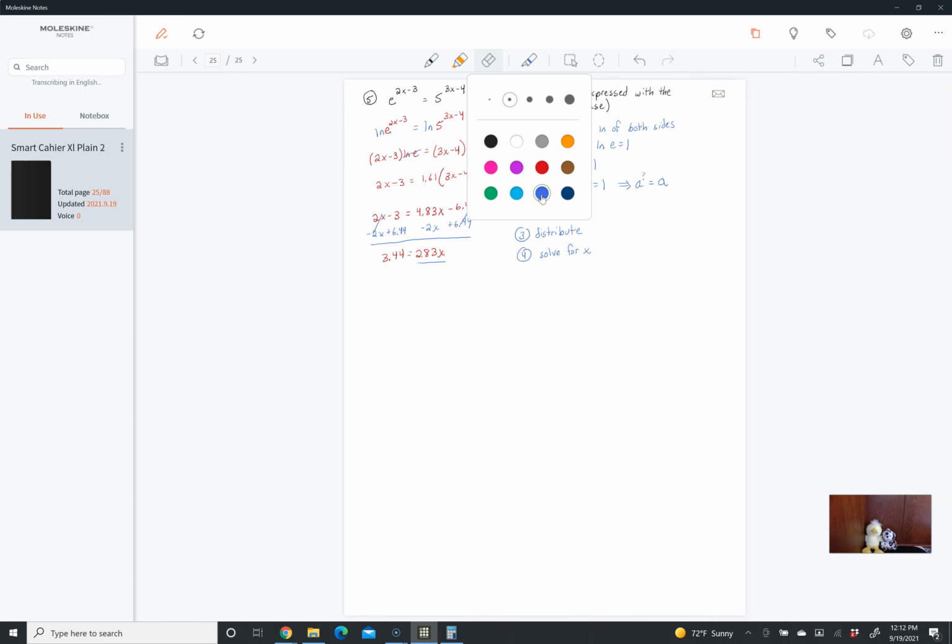Divide both sides by 2.83. And you get that x is equal to 1.22.